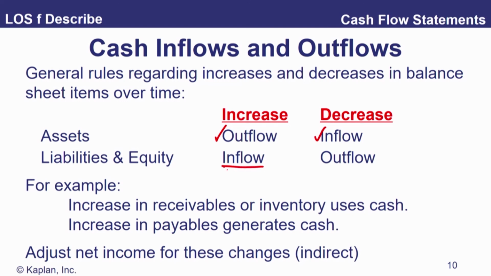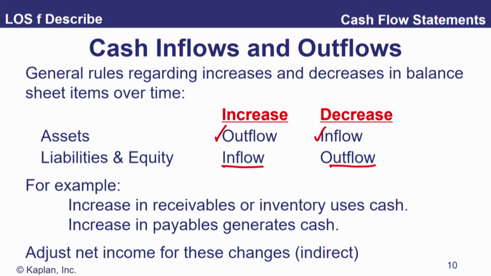Imagine that your accounts payable have gone up, the amounts that you owe your suppliers have gone up. Well, that's because we haven't paid our suppliers, and that represents an inflow, or at least a reduction in an outflow to the company. So on the other hand, liabilities that decrease must be an outflow. Why do your liabilities decrease? Because you pay them off, and that paying them off, of course, is a use of cash.